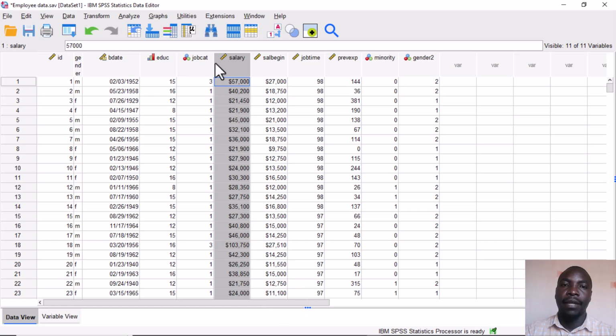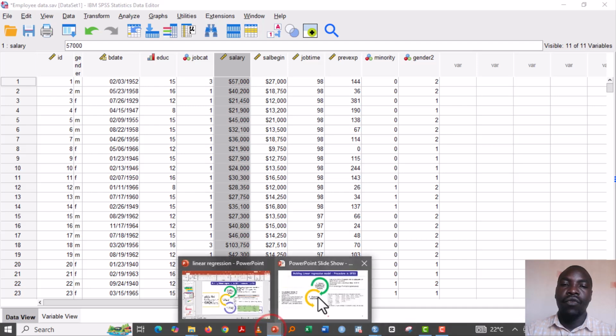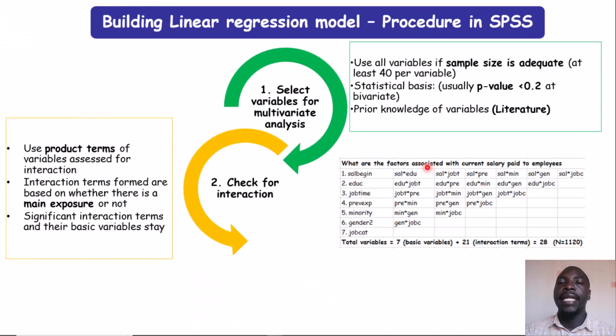We have these variables and we are asking, what are the factors associated with the salary an employee gets? Then in that case, we would say we do not have a main exposure. We are treating all variables as potential factors associated. So in that case, we would have interaction terms amongst all the variables that we want to analyze.